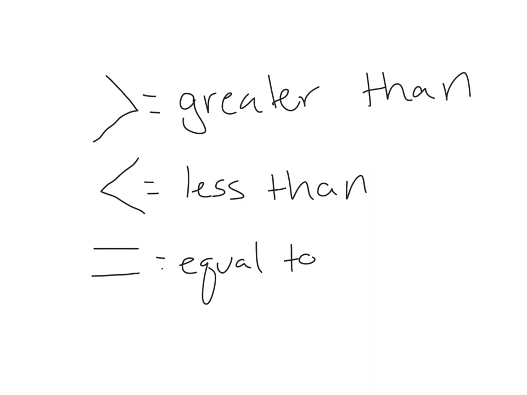So let's take a look at how this would work. Let's say I've got 354 and 178. Again, if I'm going to compare these two numbers, I need to go to the highest place value, my hundreds place. Both of these numbers have a hundreds place.